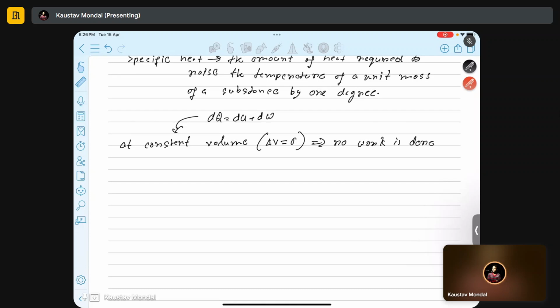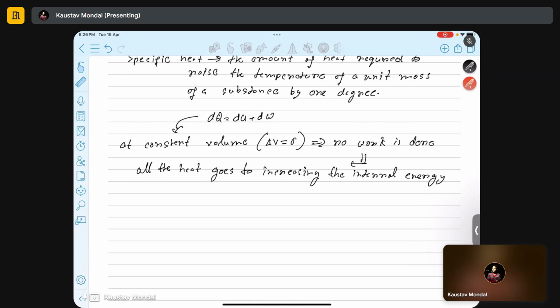That basically means all the heat goes into increasing the internal energy.